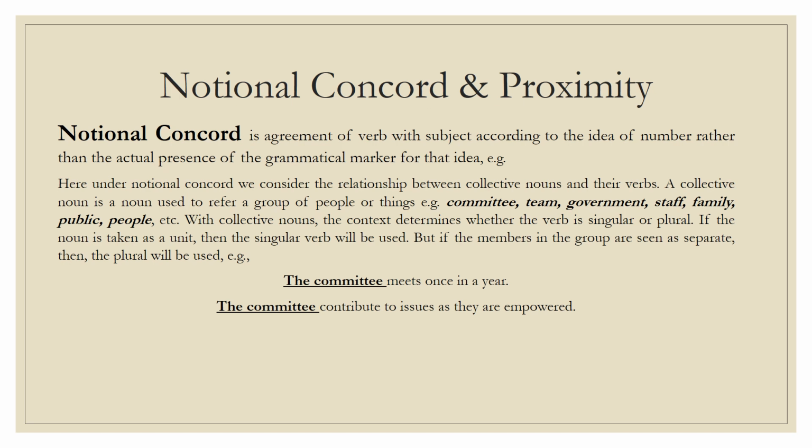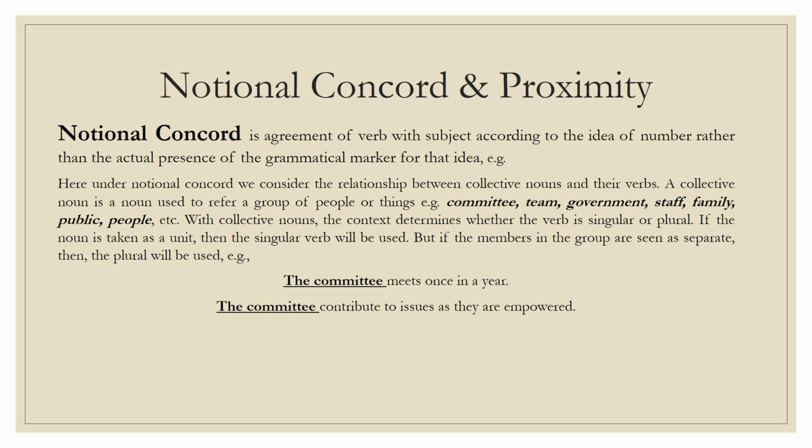Notional concord is defined as the agreement of the verb with the subject according to the idea of number rather than the actual presence of the grammatical marker for that idea. We talked about this when we discussed collective nouns, and we are going to repeat it here.